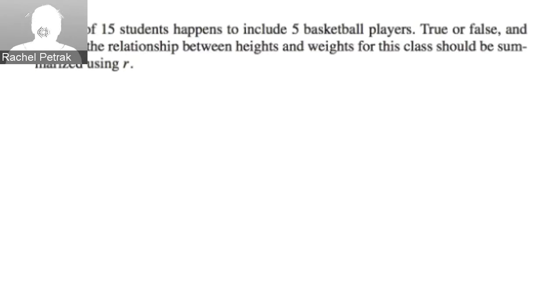So because we have a sample here that is unlikely to be normally distributed and also contains participants from 2 populations, which we'll unpack more in the very near future, we really can't use R in this case.